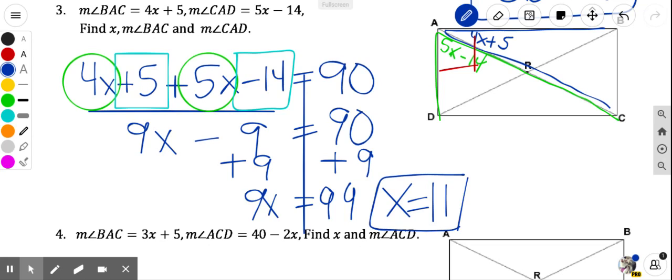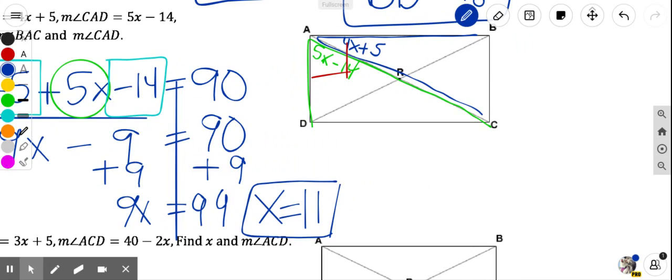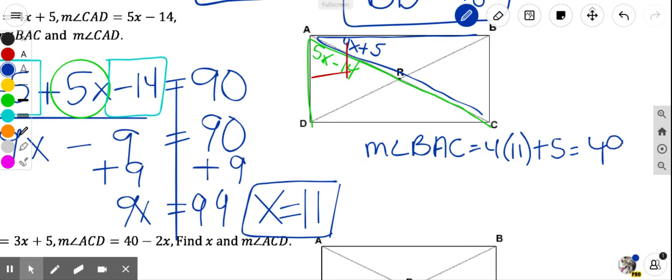Okay, this problem is also asking us to find the measure of angle BAC and the measure of angle CAD. So we can plug that in. Okay, so for angle BAC rather, we're going to have 4 times 11 plus 5. 4 times 11 is 44, plus 5 is 49.